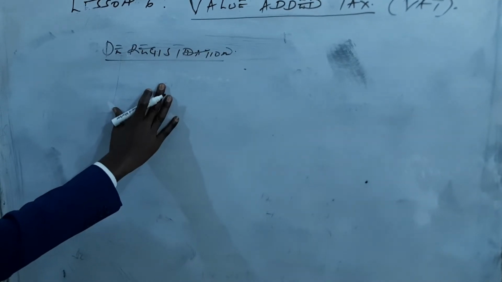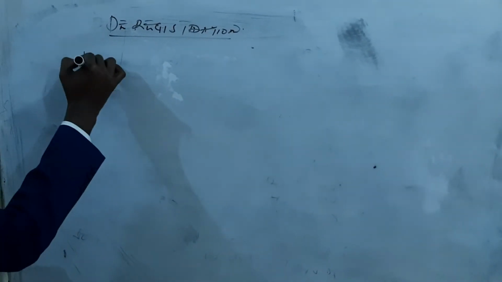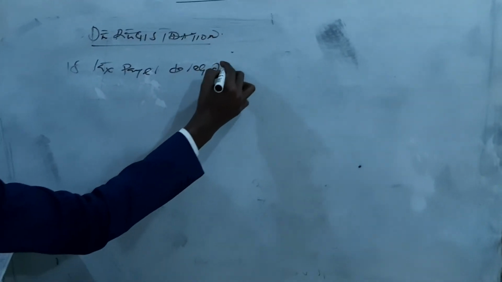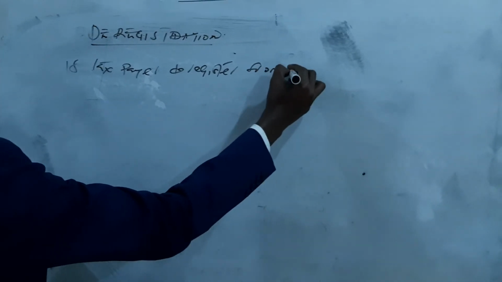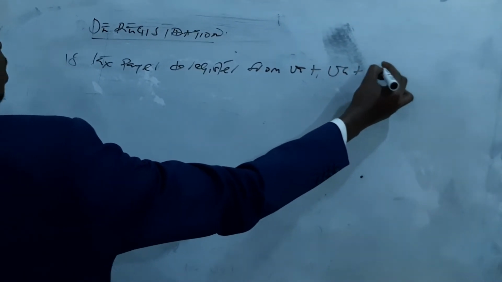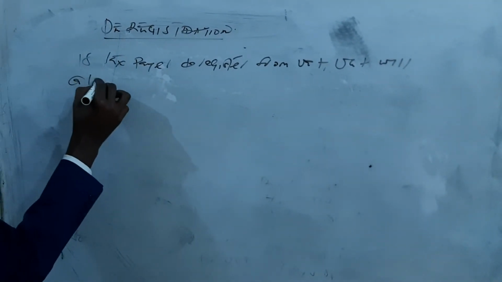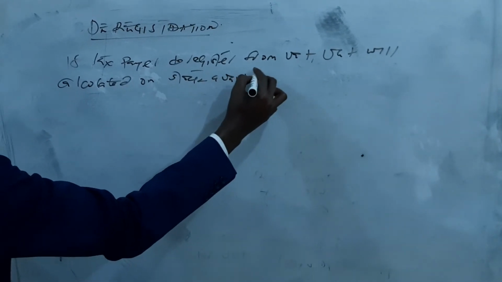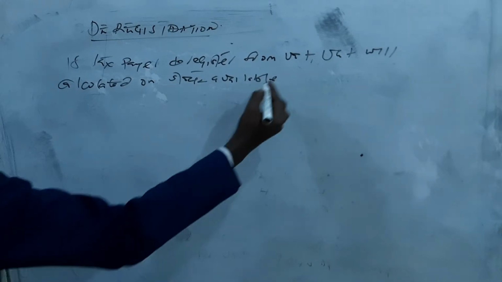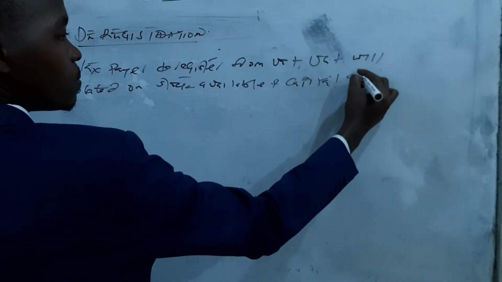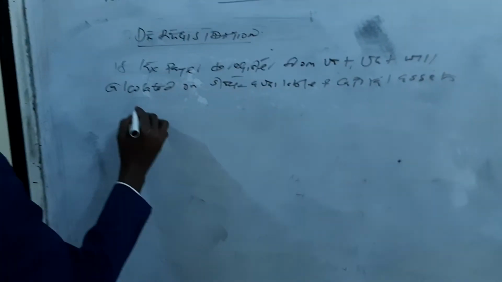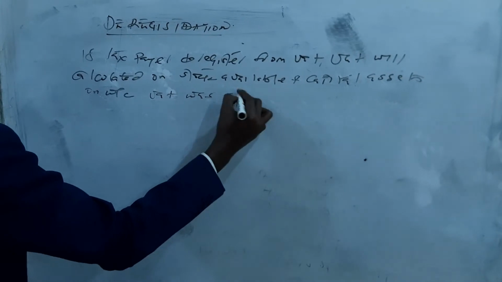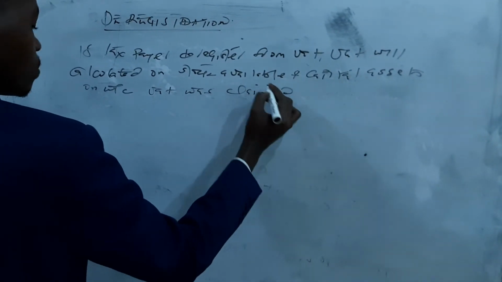Let's talk of deregistration. If a taxpayer deregisters from VAT, VAT will be calculated on the stock available and on the capital assets on which VAT was claimed.